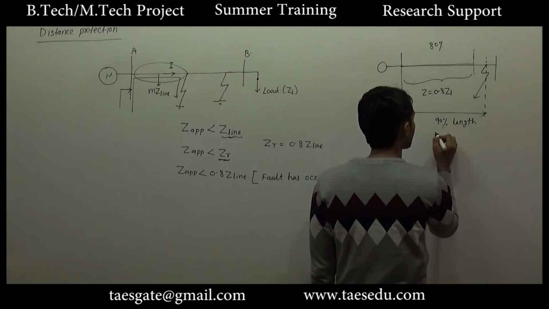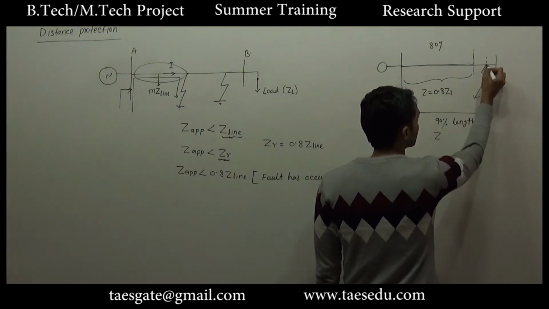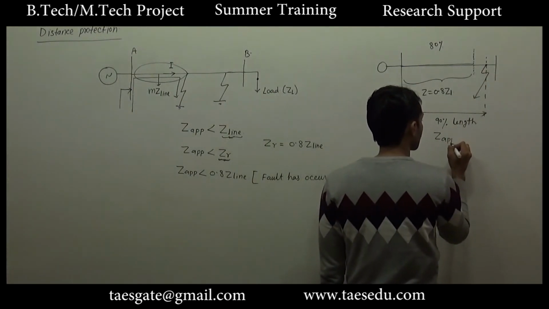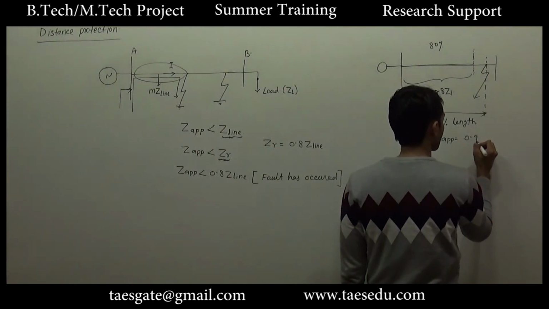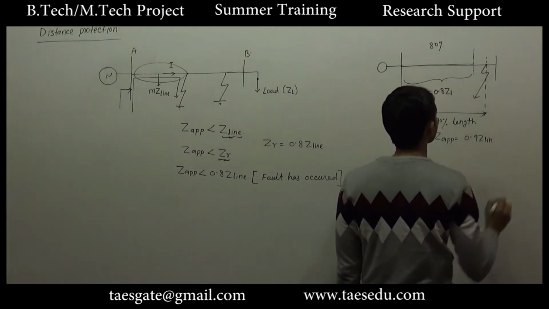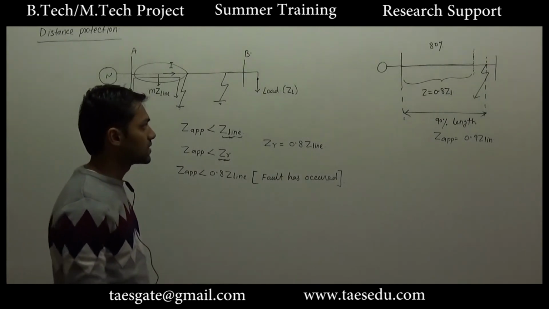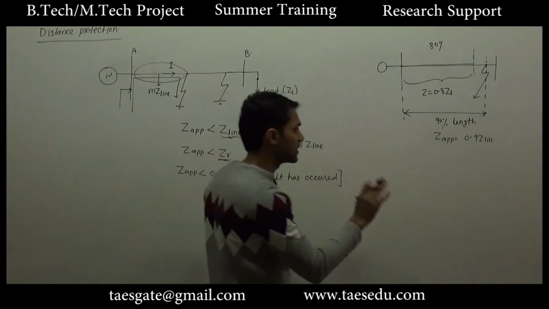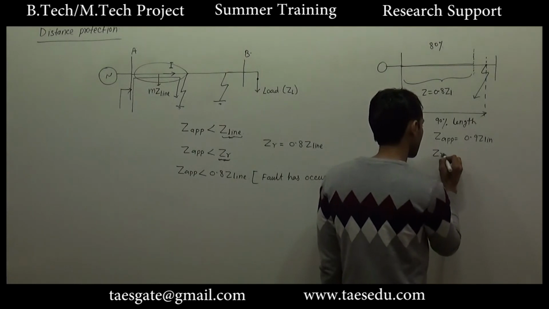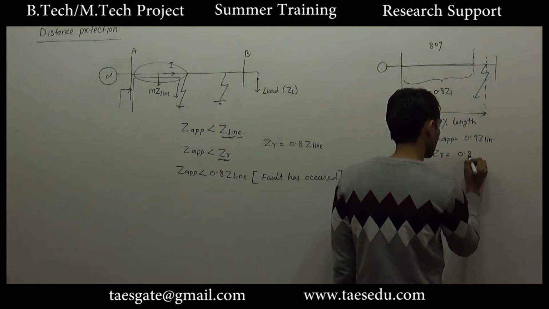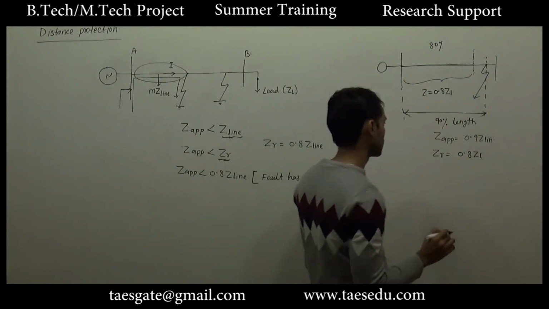So up to this point the apparent impedance will be 0.9 into ZL. And let's say for the impedance relay here, the reference is set as 0.8 ZL.